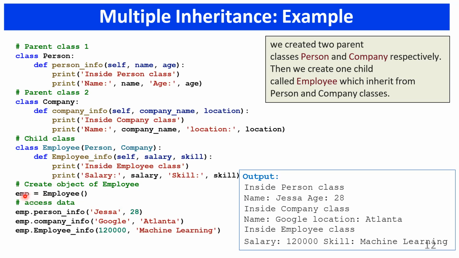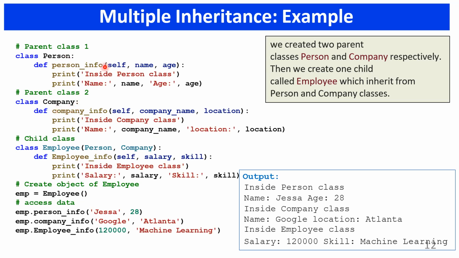So here we are creating an object emp, which is of employee. That means emp is an object of the child class employee. emp.person_info. Since emp is an object of a class derived from person and company, it can invoke the methods of the person class as well as the company class.